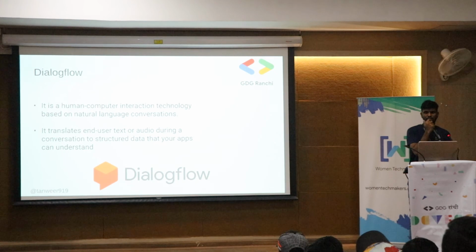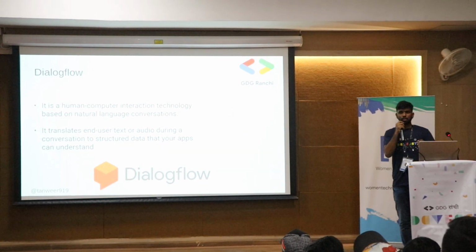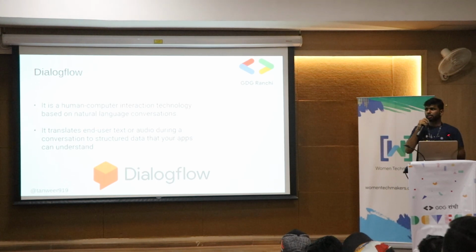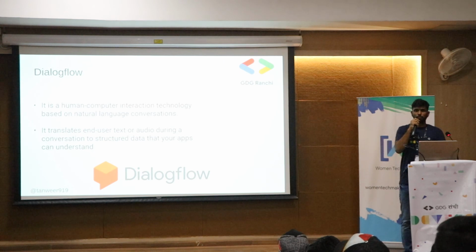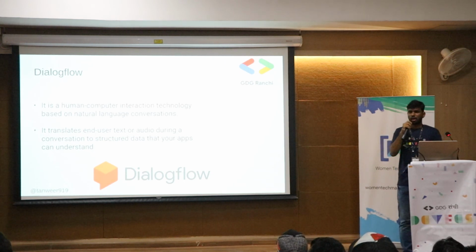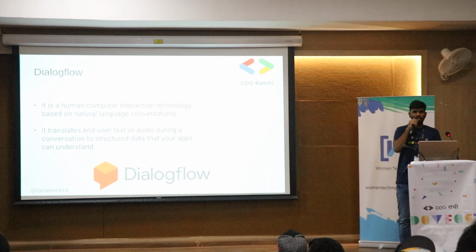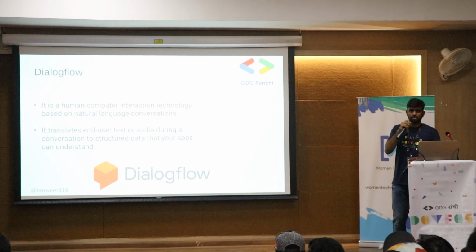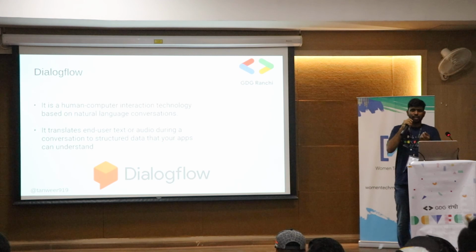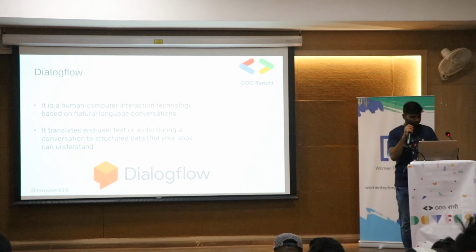So what is actually Dialogflow? Dialogflow is something which helps to pick up information from your conversation. You are saying something arbitrary, so the machine does not understand what the context of those conversations is and what it means. So Dialogflow is actually an intermediate medium which picks up important information from your conversation and acts accordingly.